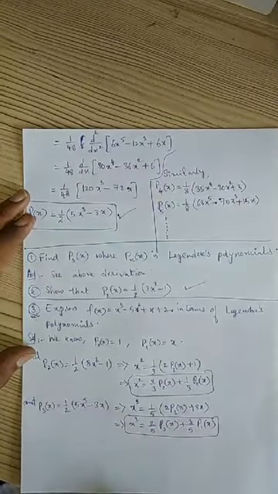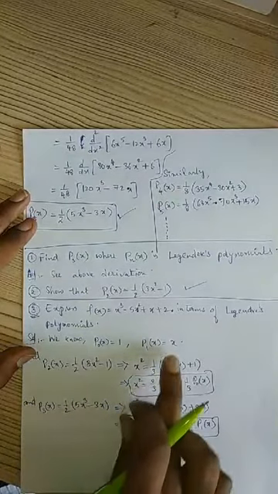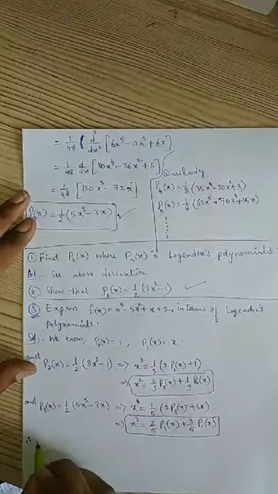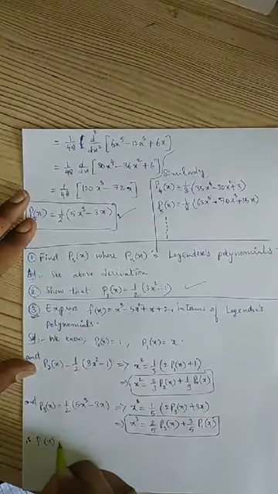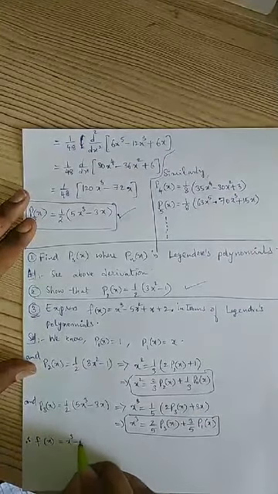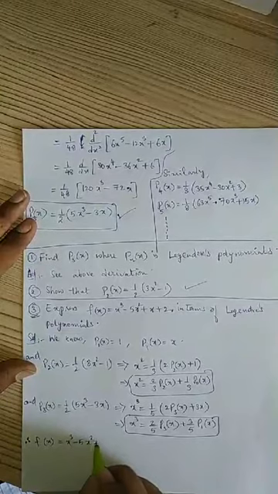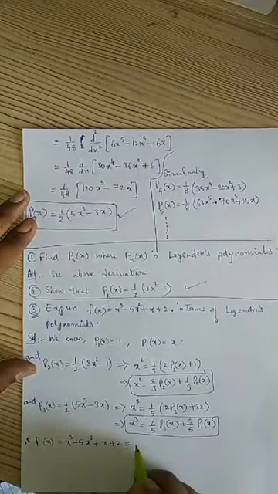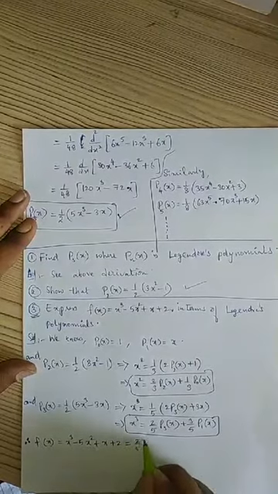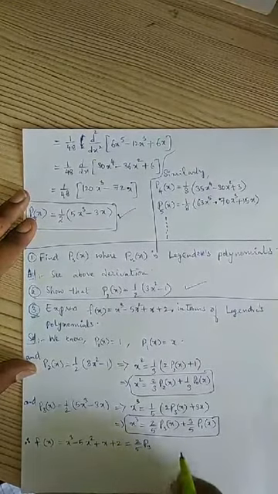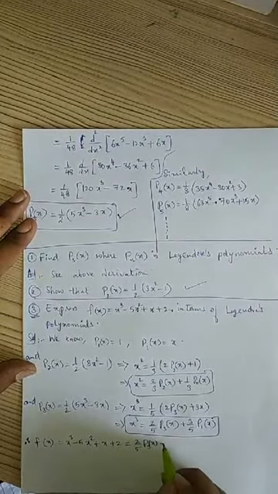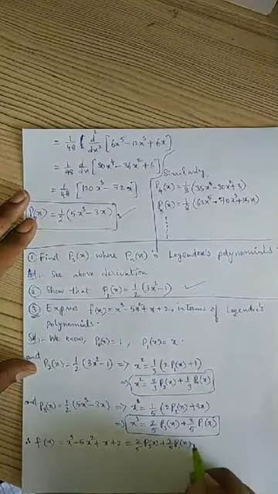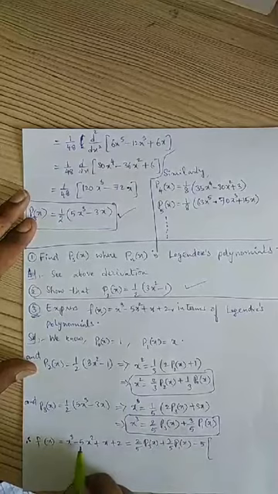Now let us replace x cube, x square, x and 1 in this. Therefore f of x equals x cube minus 5x square plus x plus 2 equals x cube. X cube is given by 2 by 5 p3 of x plus 3 by 5 p1 of x, minus 5 into x square.